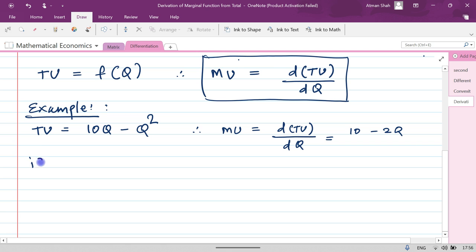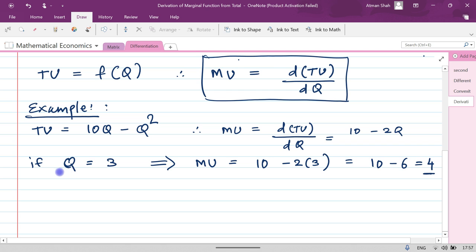Now if Q is equal to 3, then marginal utility is equal to 10 minus 2 into 3, which is equal to 10 minus 6, which is equal to 4. So the marginal utility of the third unit is 4.